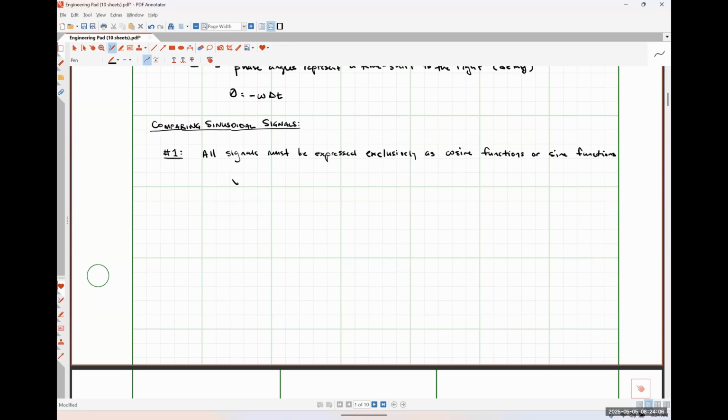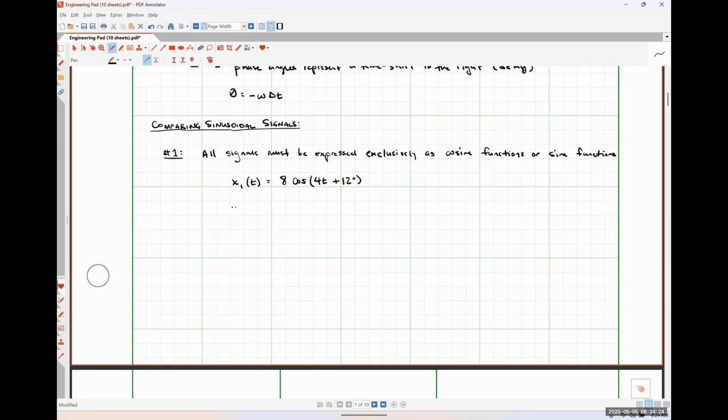Let's say that I have some signal, x1 of t, and this is 8 cosine 4t plus 12 degrees.